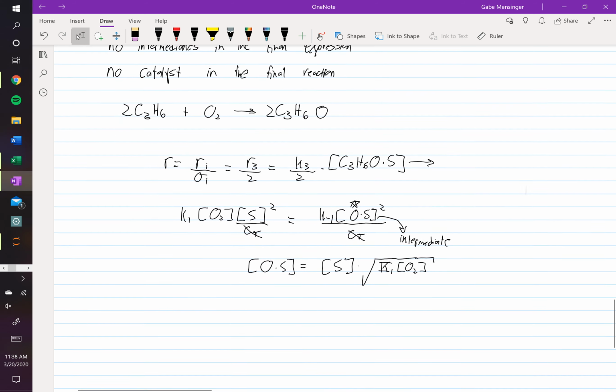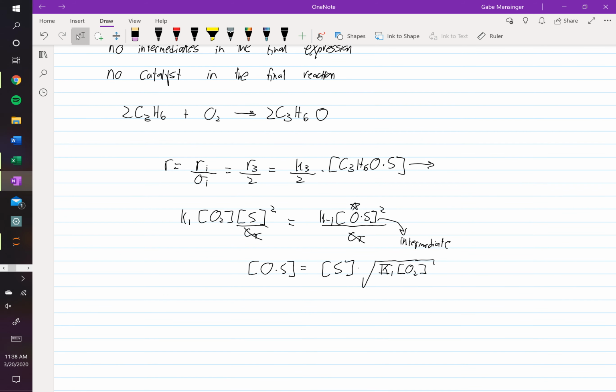All right, but going back to this reaction up here into our rate determining step, we still need to find a term for this intermediate, the C3H6O.S.